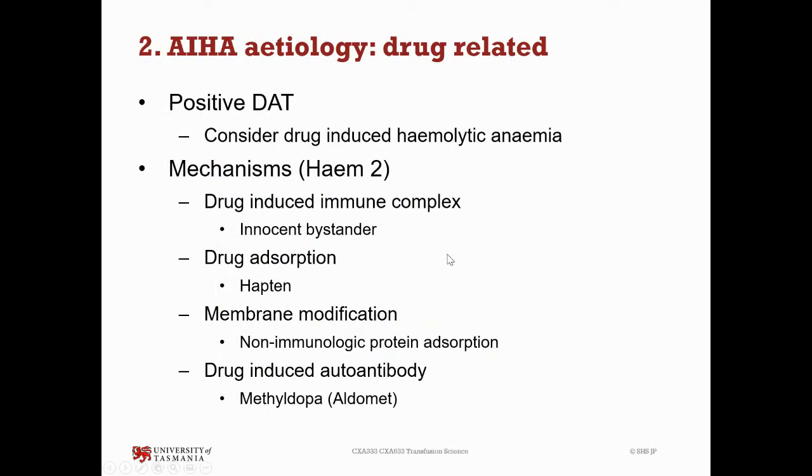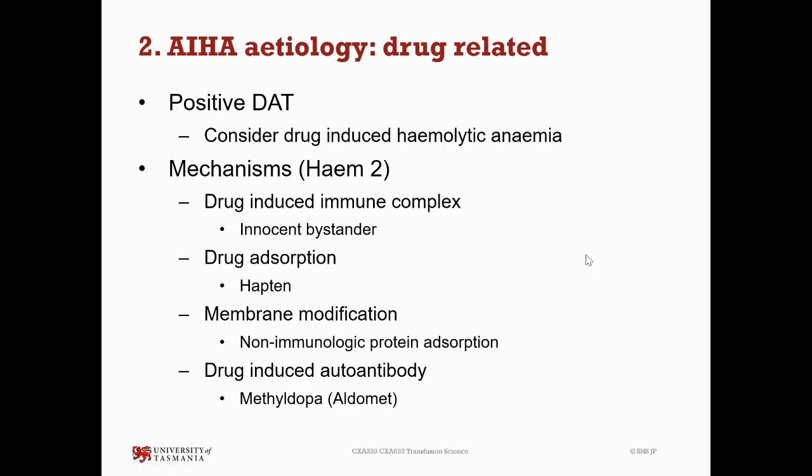So then looking at the drug-related or drug-induced autoantibodies, again, we talked about these in hematology 2 as well when we were talking about hemolytic anemias and immune causes of hemolytic anemia.